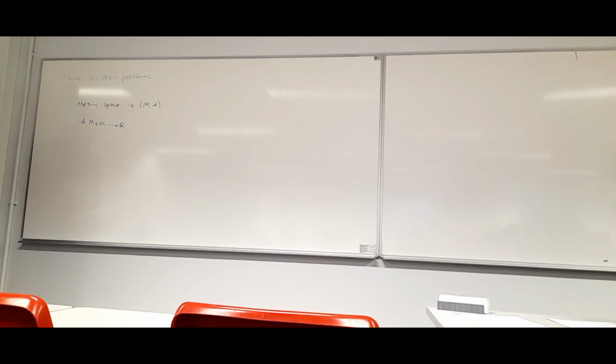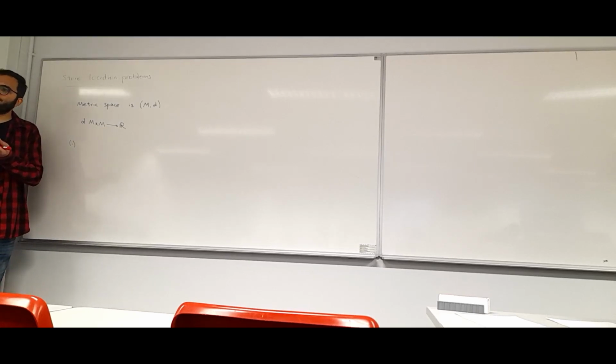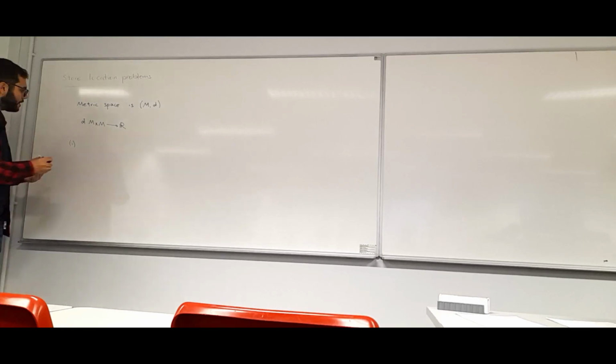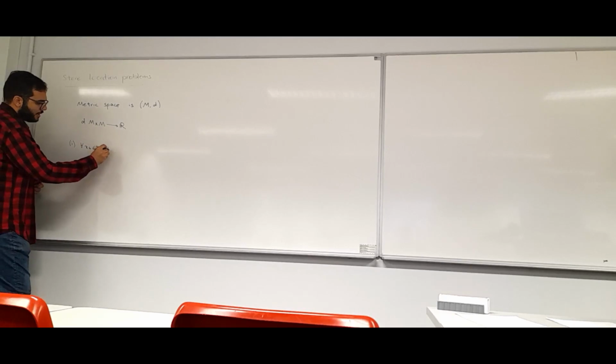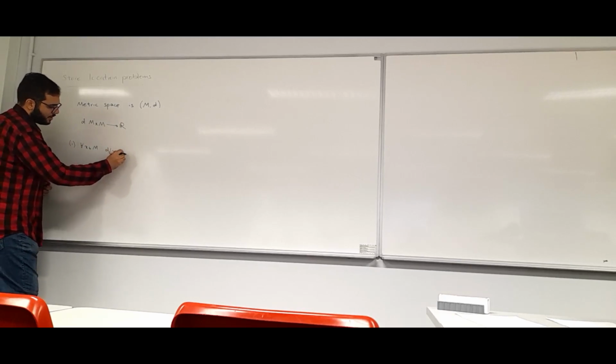Now, it has to satisfy some constraints, of course, for it to be a metric, and the constraints are as follows. So the first constraint is that the distance of everything to itself has to be 0. Okay, so for every x in M, the distance from x to x is 0.